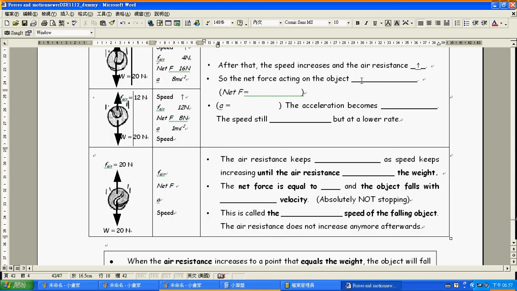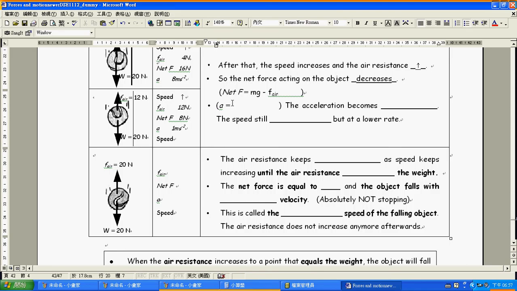So the net force acting on the object, when the resistance increases, the net force must decrease. And because net force equals mg minus air friction, F air, all right?